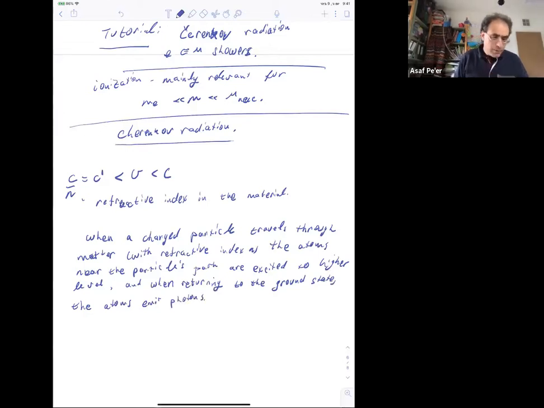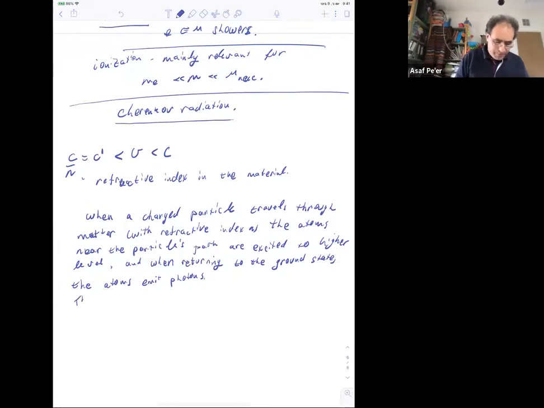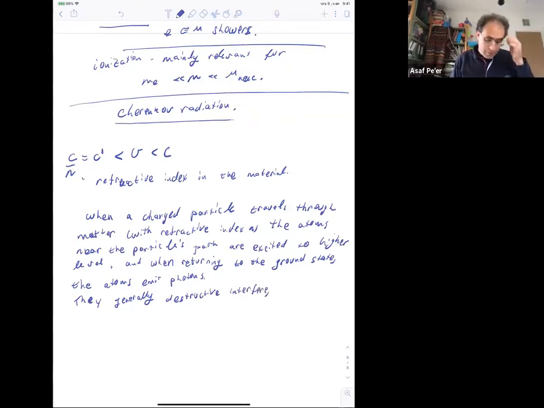They generally interfere destructively, right? So no radiation comes out.